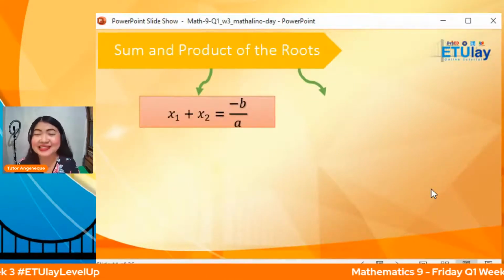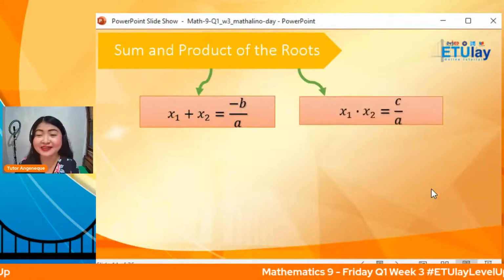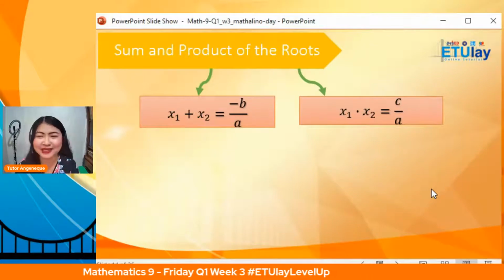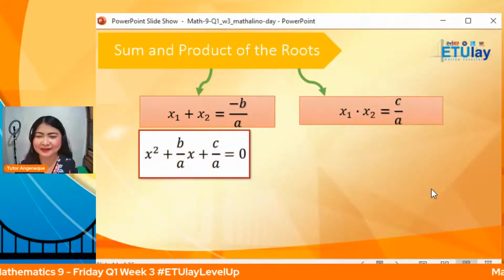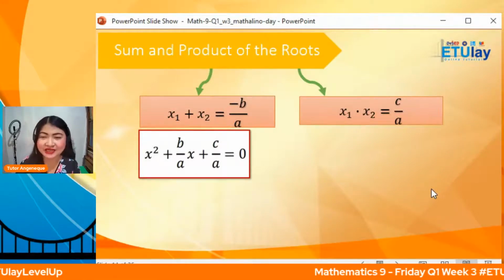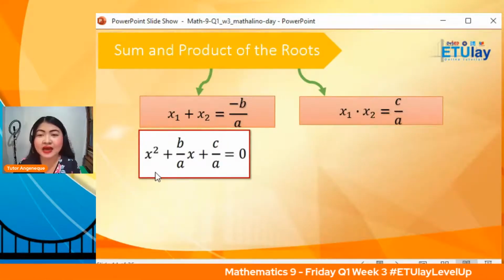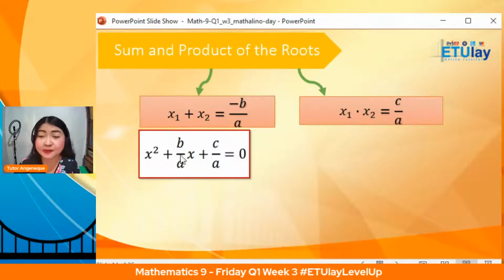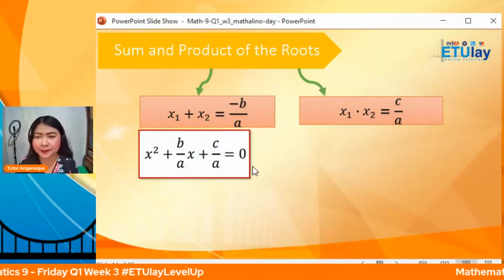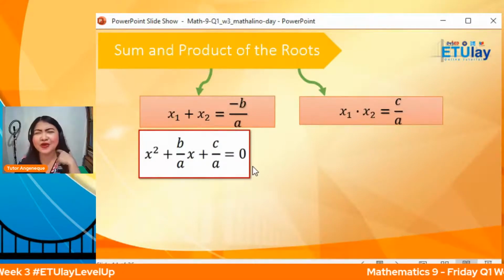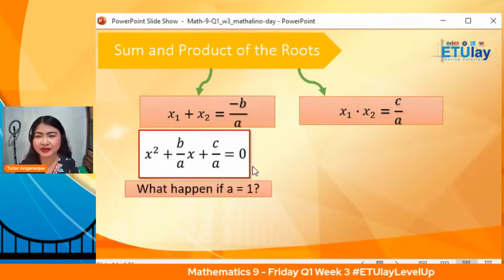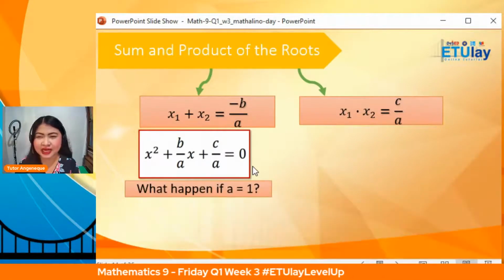So again, the sum and product of the roots are negative b over a and c over a. So please don't forget that. All right? And then we can relate it into an equation. So ibig sabihin, the equation is x squared plus b over a x plus c over a equals 0. Now, papaano kapag yung sum at yung product lang yung given? Alright?